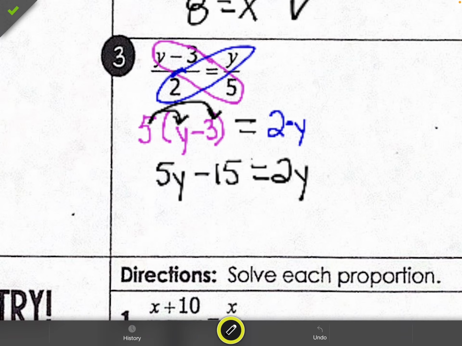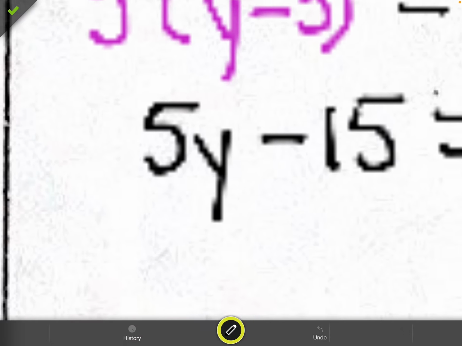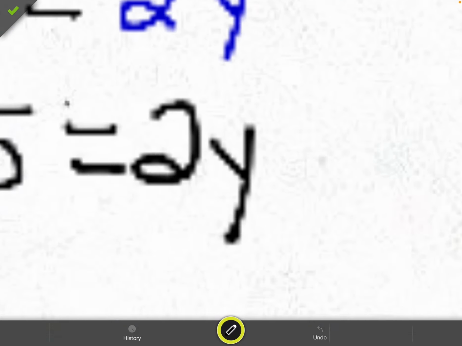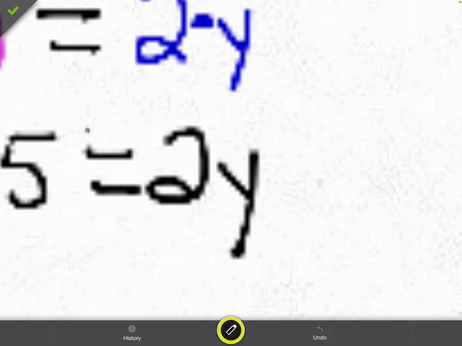So if you're looking for like terms, you would just look at this part right here. Is there anything you can combine? Any like terms? And the answer to that is no. You got a y and then a negative 15. And then you would come over here and you would see on this side, there's nothing we can combine. And so we would leave it and move on.